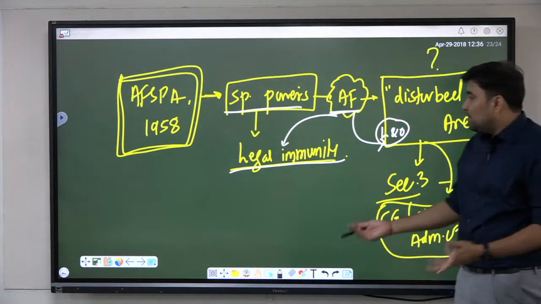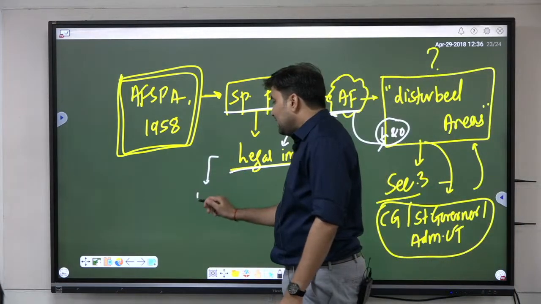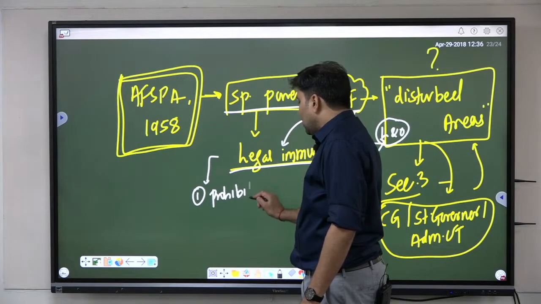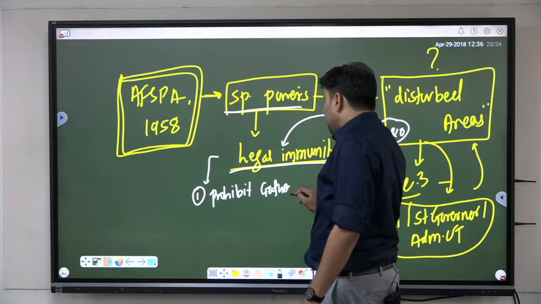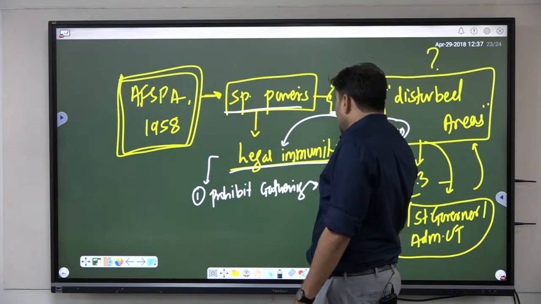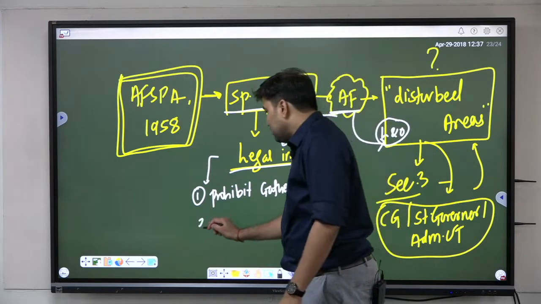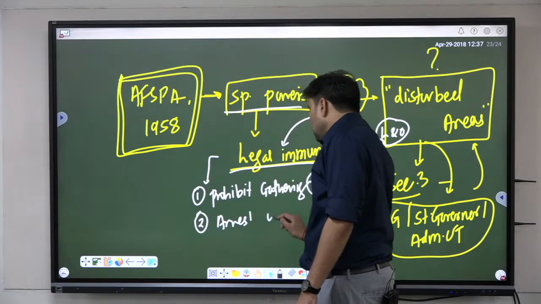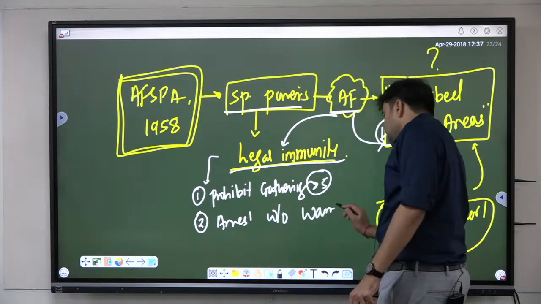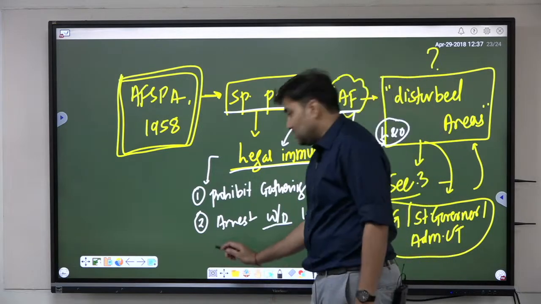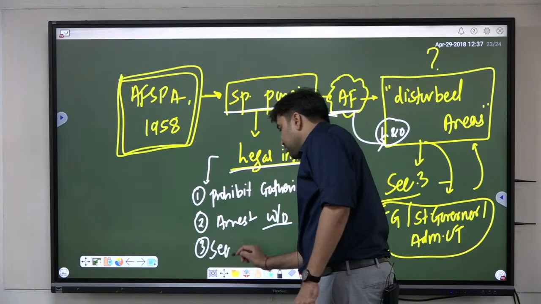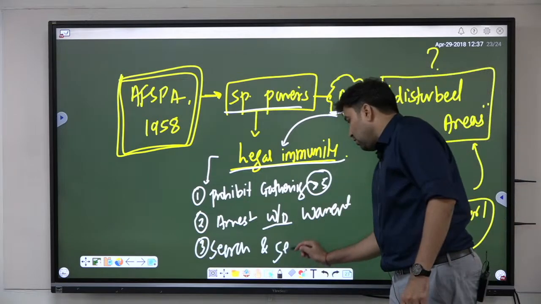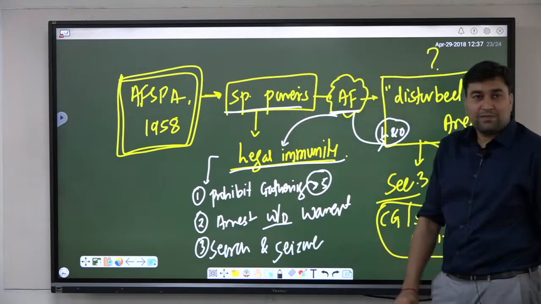Question is, which are these legal immunities? First, I can prohibit the gathering of more than 5 people. If I feel more than 5 people should not come, then they should not come. Second, I can arrest people without a warrant. Without warrant, I am saying, without warrant I can arrest. Third, I can do search and seizure of properties, right?